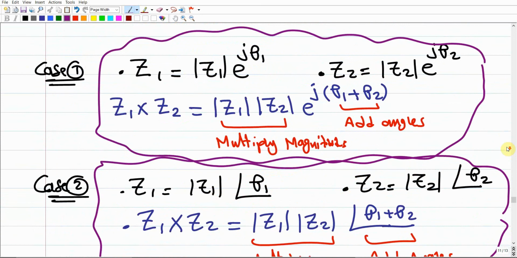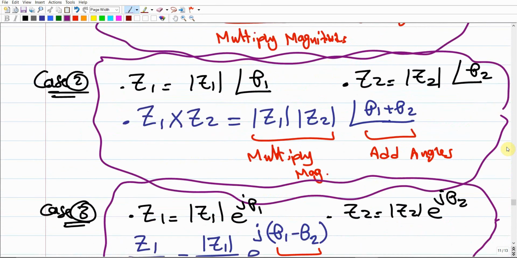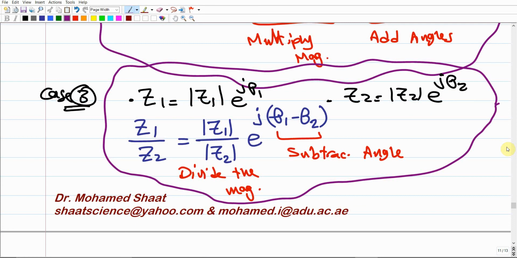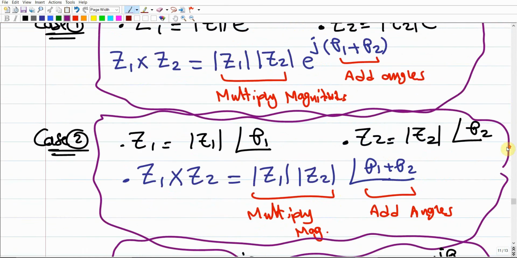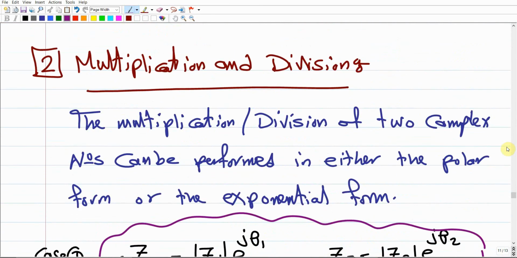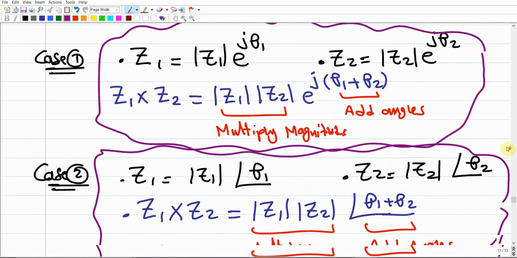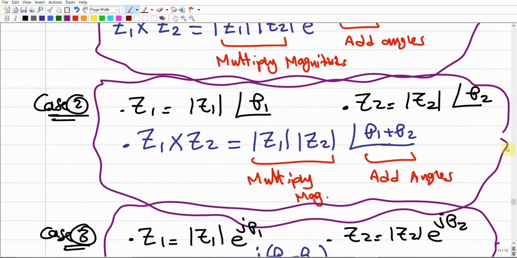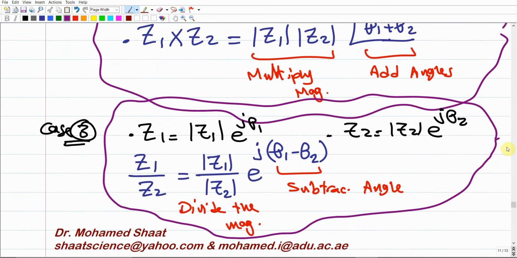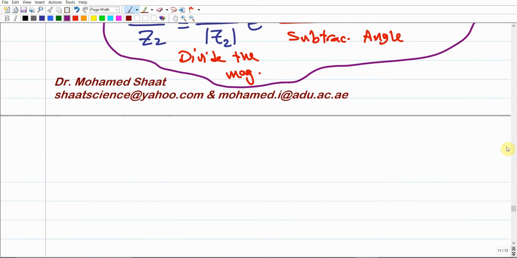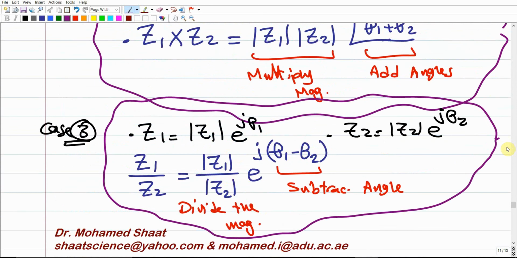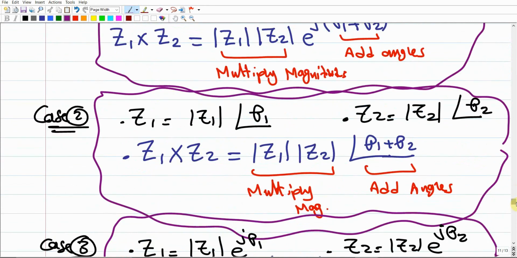We can even do the multiplication in the rectangular form, but it is a long trip. It is much easier to do multiplication and division in the exponential or polar form. Simply add or subtract the angles, and multiply or divide the magnitudes, depending on whether it is multiplication or division. Make sense? So this is for the complex numbers.